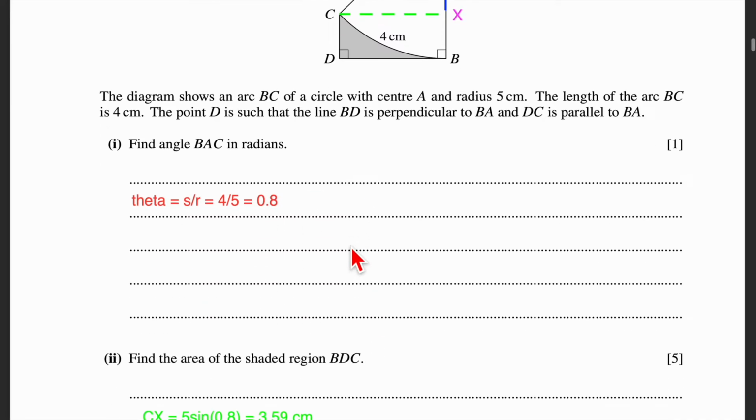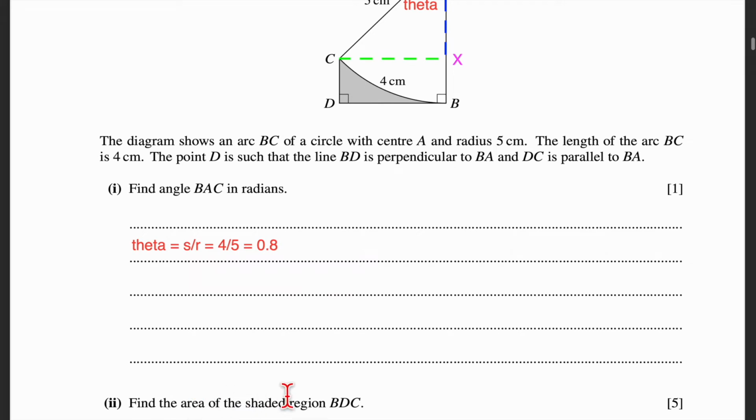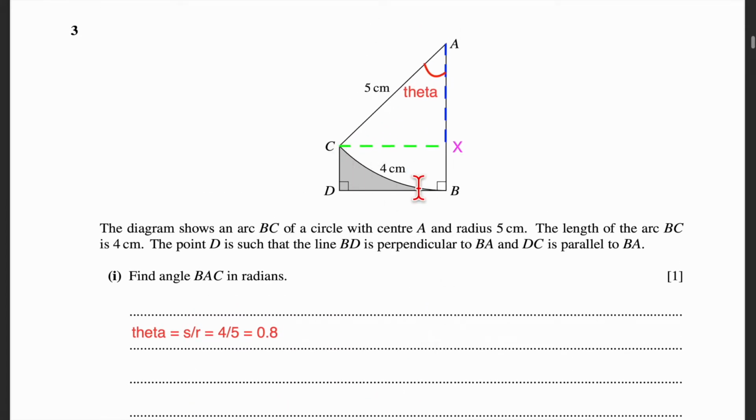In part II, it says, find the area of the shaded region BDC. So in this diagram, we want to find this shaded region, and one way to think about that is that it's the area of this total shape minus the area of this piece of pizza, which is a sector. This total shape is actually a trapezium.